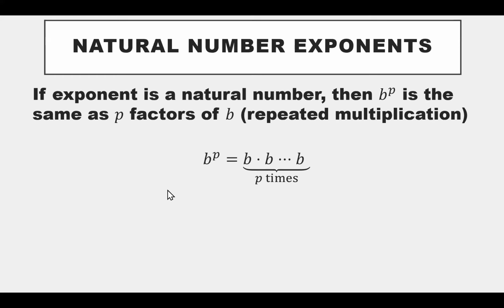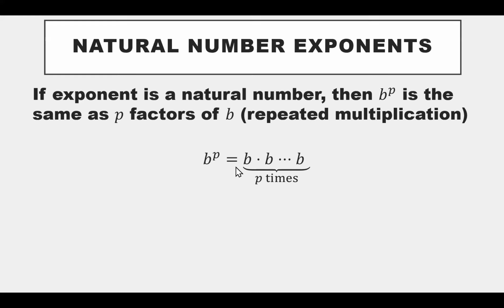Now, if we have natural number exponents, then raising it to the p power is like taking our base and multiplying by itself p times. So if we have b to the first power, we just have b itself. If I have b to the second power, I have b times b.